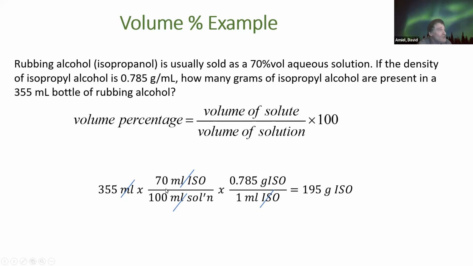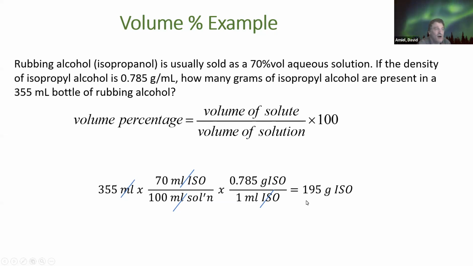So I used the 70% by volume as a conversion factor, which allowed me to go from milliliters of rubbing alcohol, milliliters of solution, to milliliters of isopropanol. And then I used the density as a conversion factor to go from milliliters of isopropanol to grams of isopropanol.